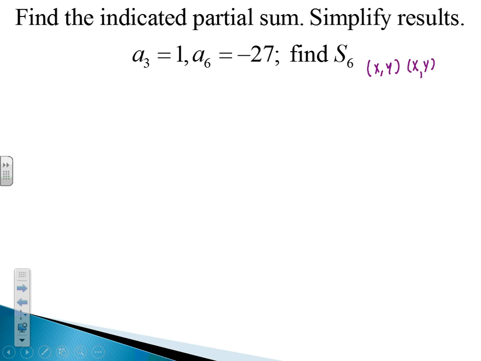Well, here, based on the information that they're giving me, remember the subscript number here, these are x numbers, and the answers themselves, these are y numbers. So I have 2 points. I have one point at 3, 1, and I have another point at 6, negative 27.